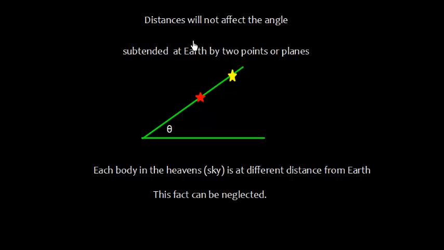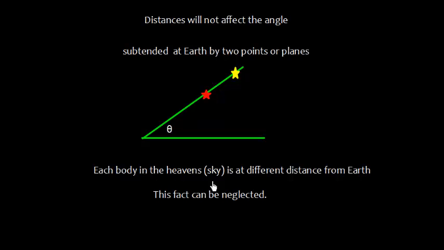So we should also know that linear distance will not affect the angle subtended at Earth by 2 points or 2 planes. For example, these are 2 points, and this star is here or this star is here. If they are on the same line, the angle subtended at the Earth or observer will remain the same.